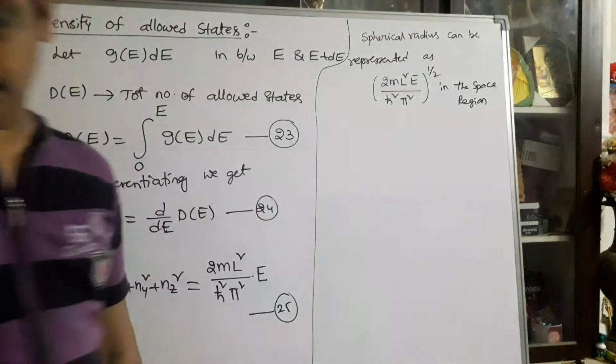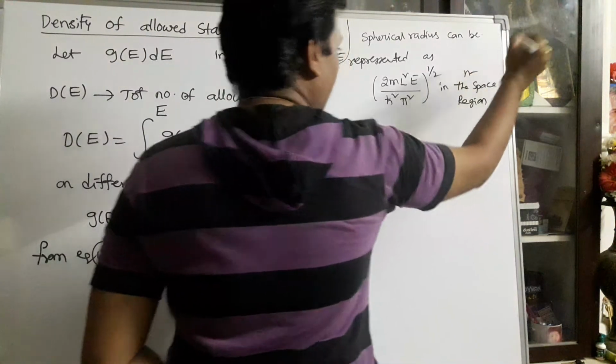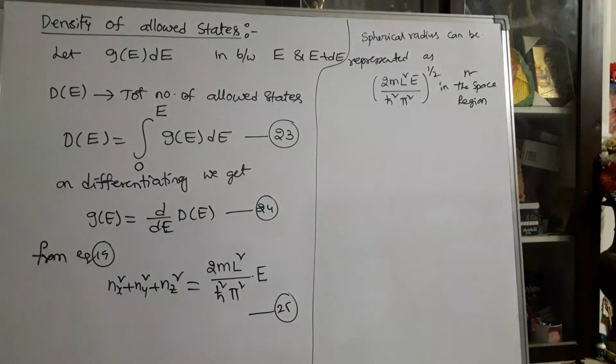That equation represents the radius of the spherical part. So the sphere radius can be taken as 2mEL square by pi square h cut square whole power 1 by 2, in the n space region, which has n-fold degeneracy.